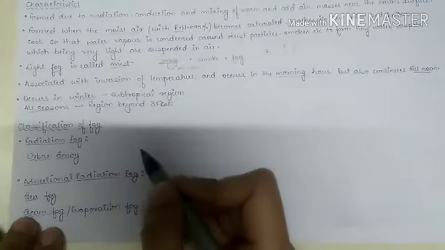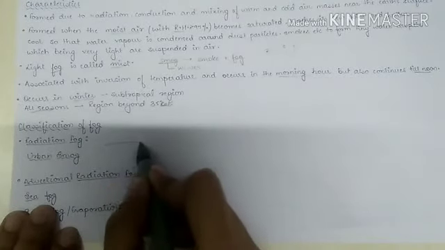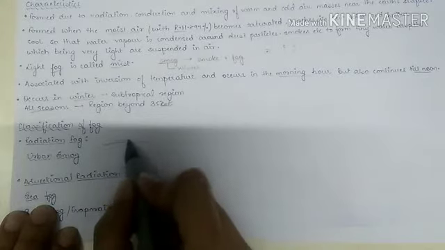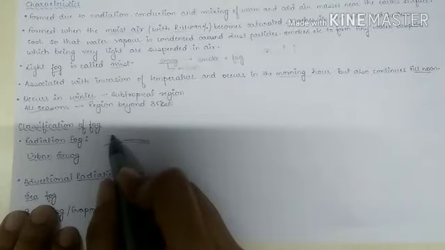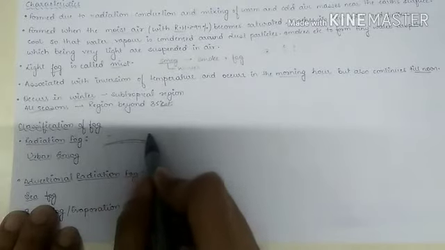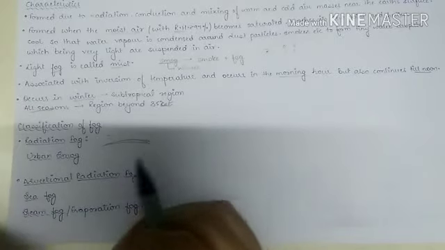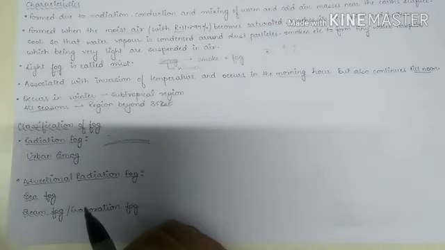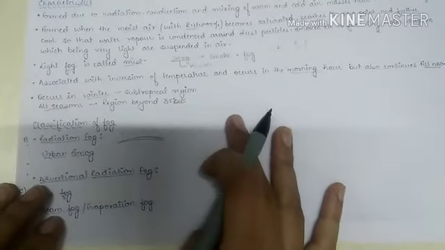In radiation fog, what happens is we have cold ground, and above this cold ground we have warm and moist air. In this situation, this warm and moist air, due to the cold ground, reaches its dew point.